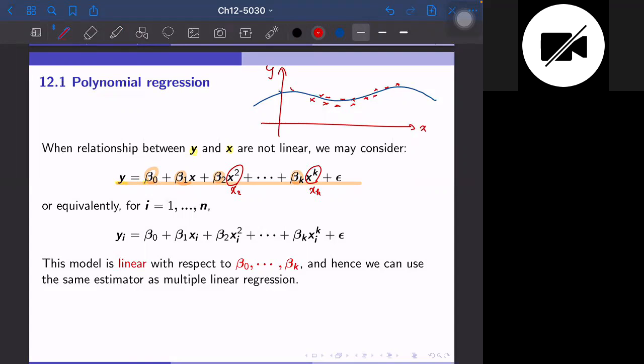When we say linear model, originally we think about y is equal to a plus bx plus epsilon, and this is a linear function of x. But the more important thing is that this is linear in terms of a and b, or the equation in this slide, linear with respect to beta naught to beta k.